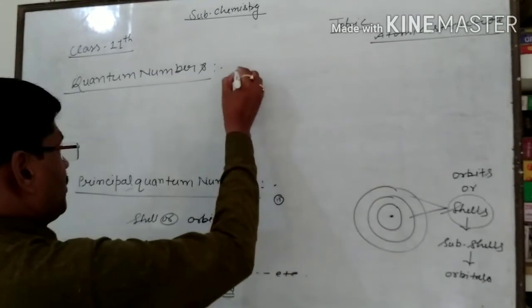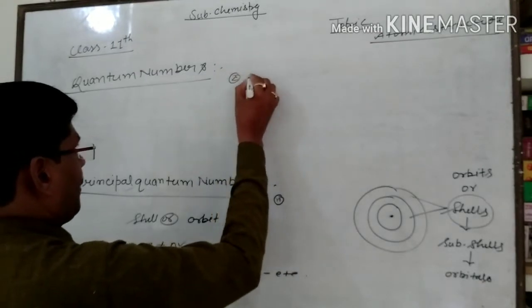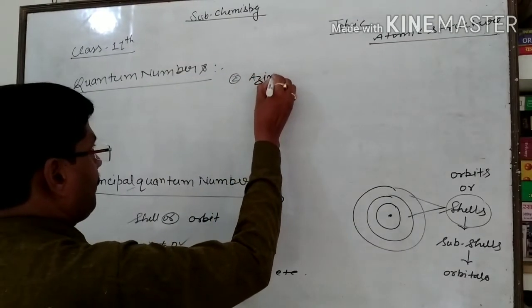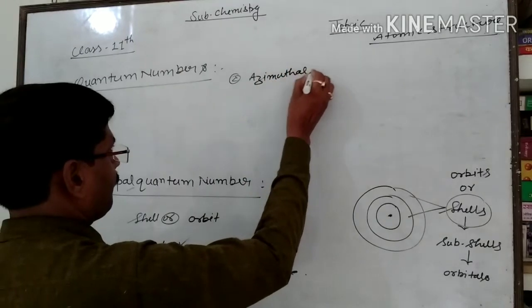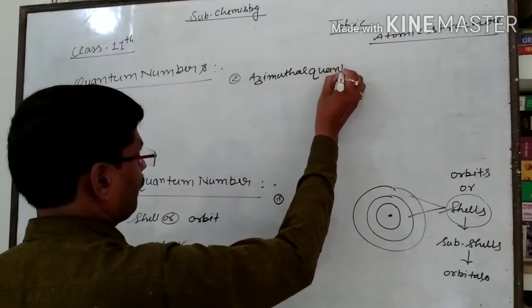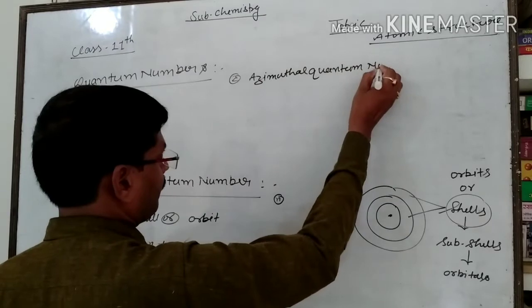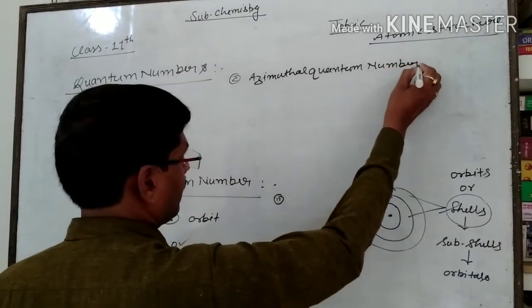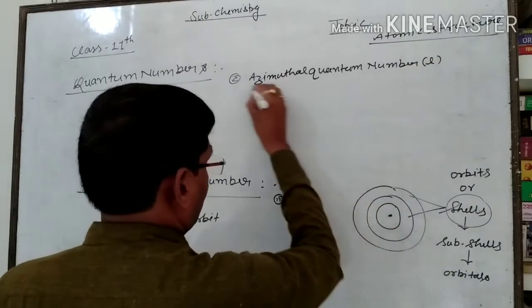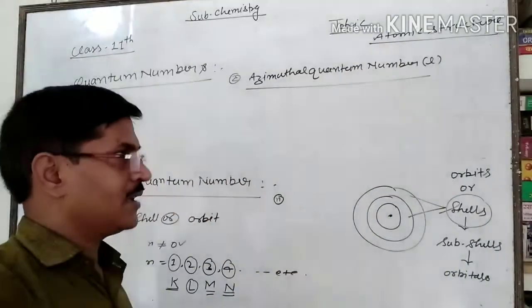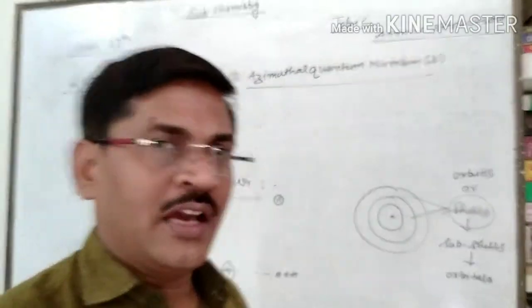That one is the azimuthal quantum number. As I told you, this one is represented by small l.